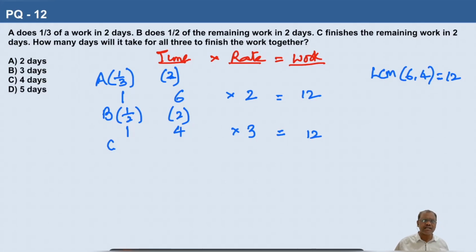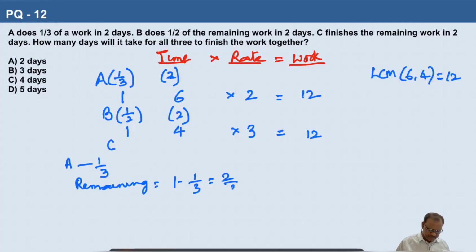The remaining work is 1 minus 1/3, that is 2 by 3. 2 by 3 is the remaining work.